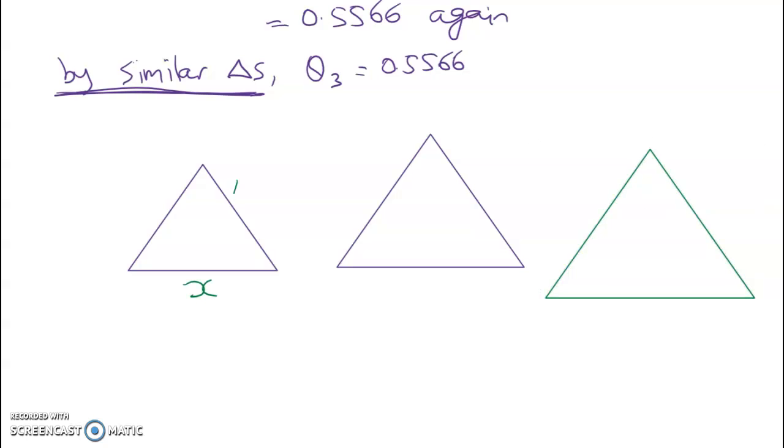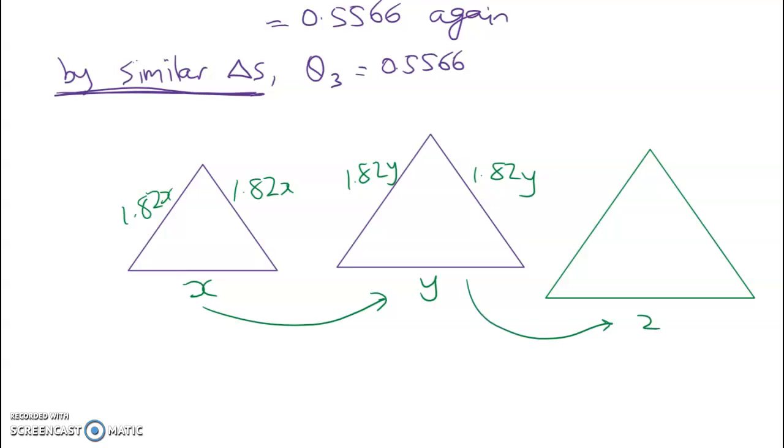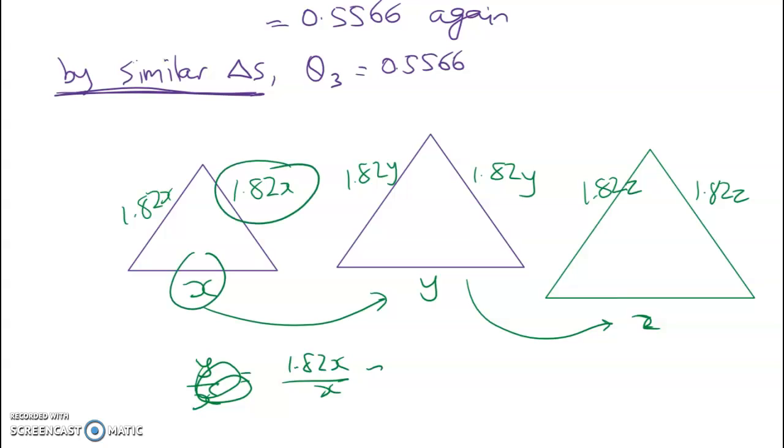This side is x, and this side is 1.82x, and so is this one. And if you write it out like this, you can see that all the lengths are in proportion to each other. So for example, y over x is equal to, let's try again, 1.82x over x here is the same ratio by definition as this one in here.